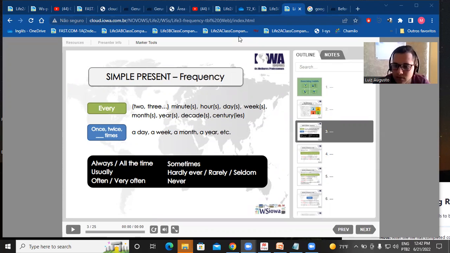Another is describing the quantity of times. The quantity of times is different for one and two. One time, we don't say one time, we say once. Two times, we don't say two times, we say twice. It's wrong.